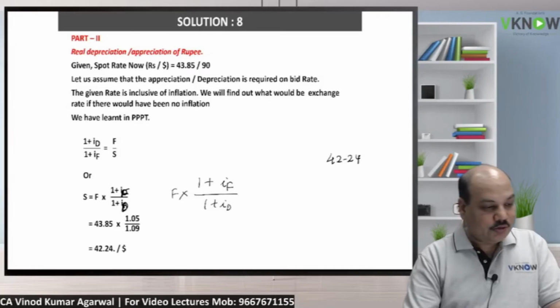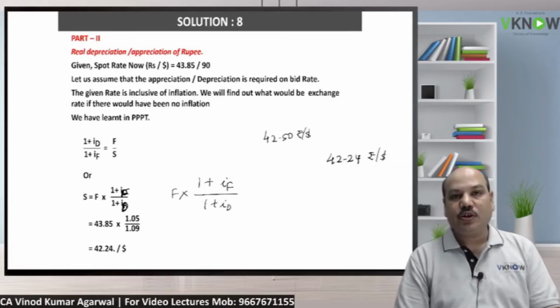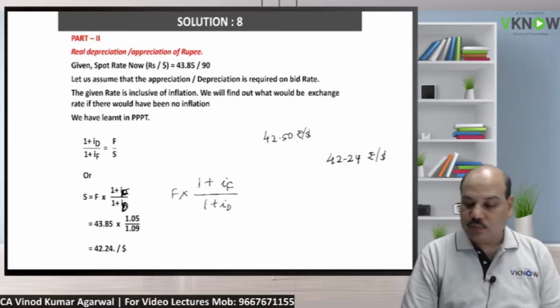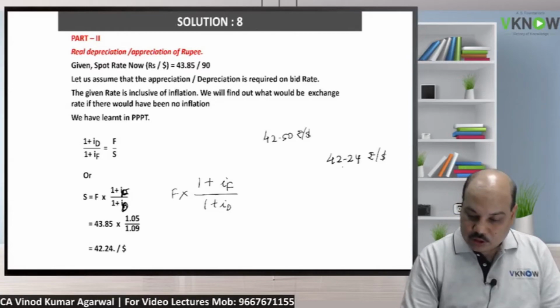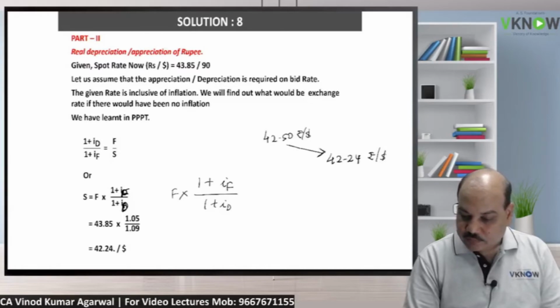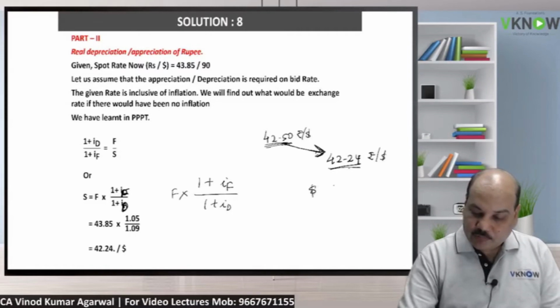Okay, and the exchange rate at the beginning was 42.50 rupees per dollar, and in the absence of inflation, it is 42.24. So tell me quickly, if there was no inflation, forget inflation, if the rate is moving down from 42.50 to 42.24, what has happened?